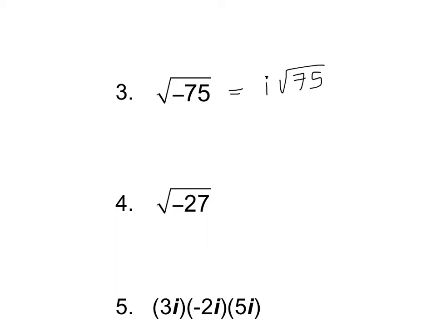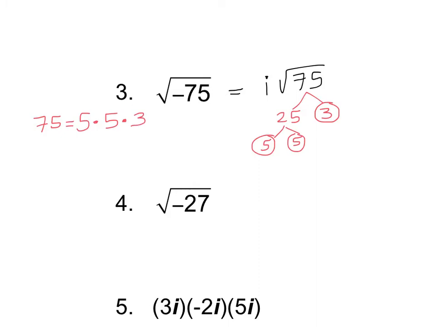Think, what two numbers can you multiply to get 75? 25 and 3. 3 is a prime number, so circle that. And then what multiplies to give you 25? 5 and 5. These are prime numbers, so circle these two. So in this case, you can see that 75 is equal to 5 times 5 times 3. Every time you have a pair of a number, you know that the 5 will go outside of the radical, and 3 is going to stay inside.